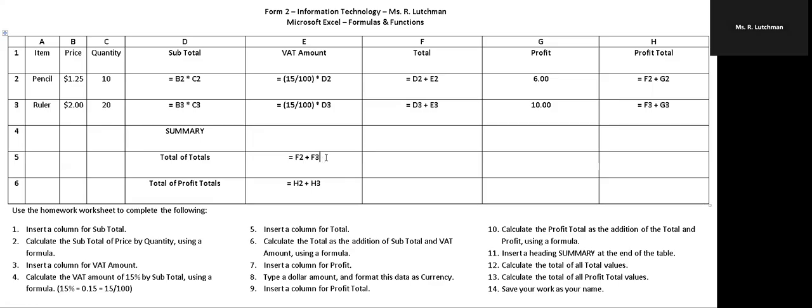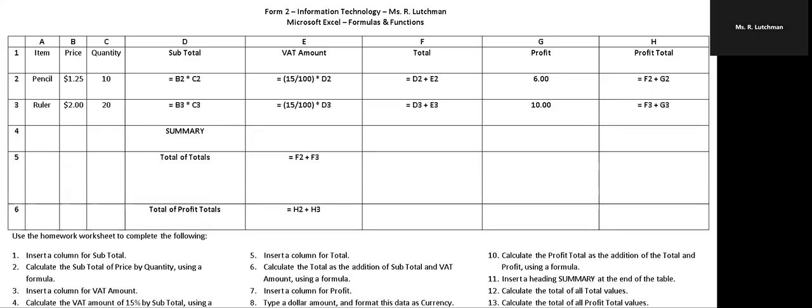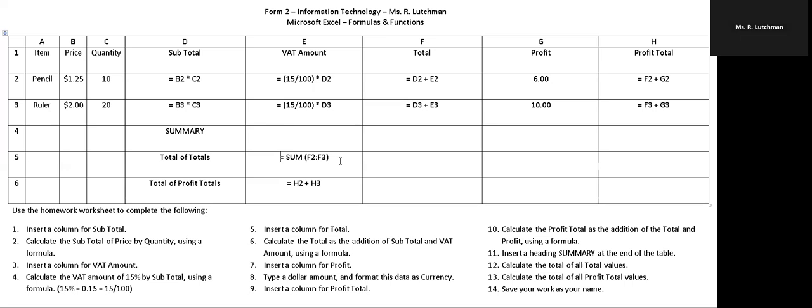A function would have equal, the function name. So if I'm adding something, I'm going to use sum, open bracket, range address. My range address is F2 colon F3, close bracket. And that is how I would do a function instead.